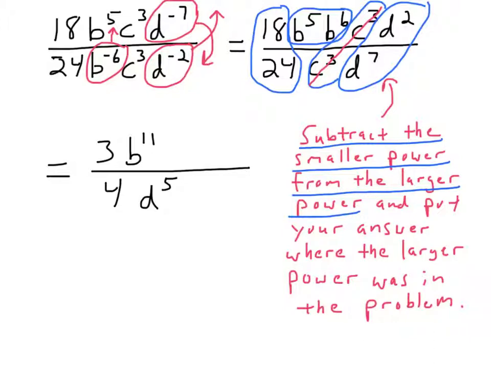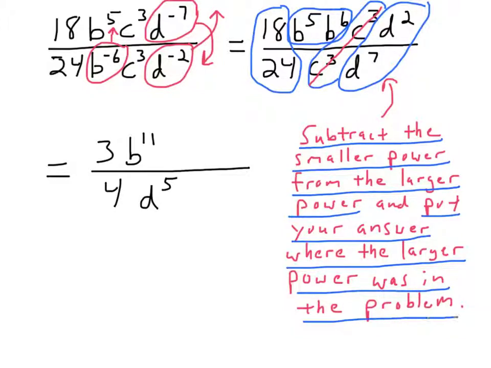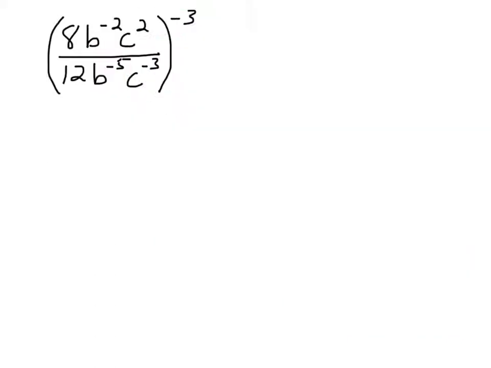But then we have to remember to put the answer where the larger power was in the problem. In our case, the larger power was in the denominator, and that's why we wrote the answer in the denominator. So you see, we've done everything we can do to simplify this, and that would be our final answer.